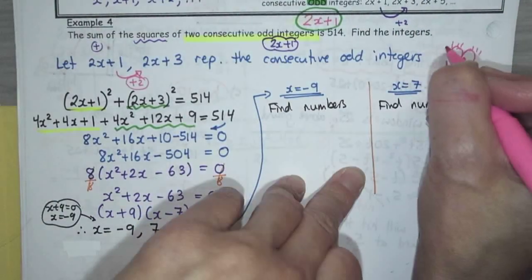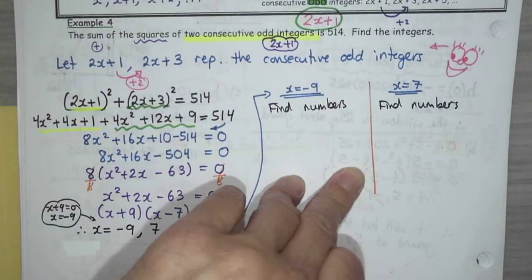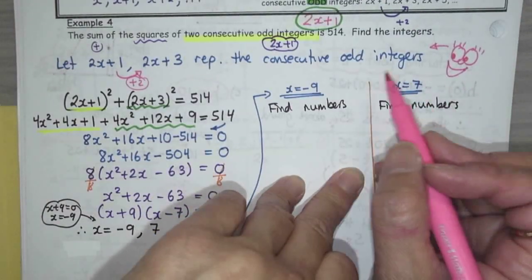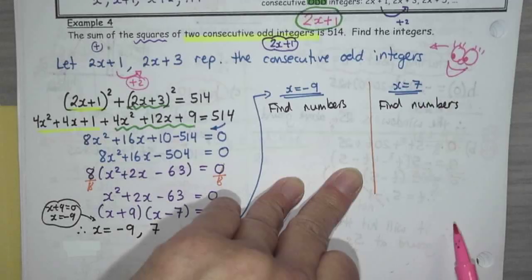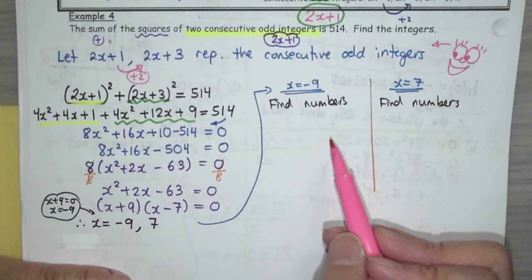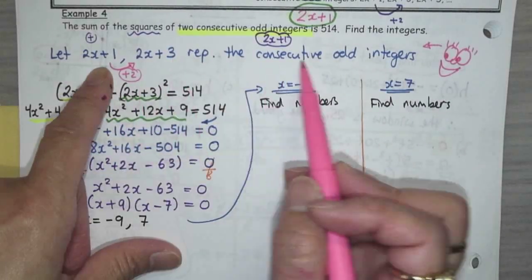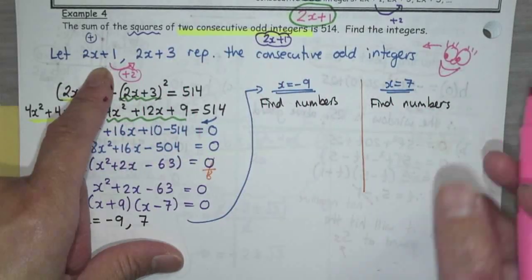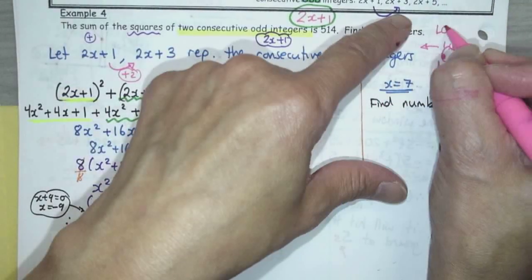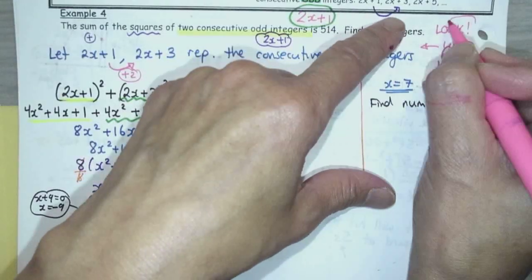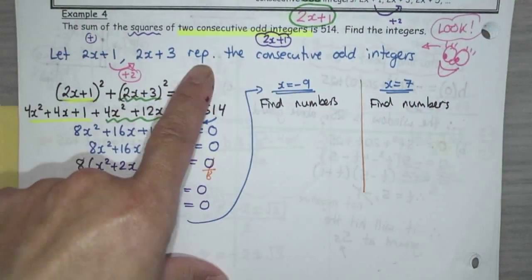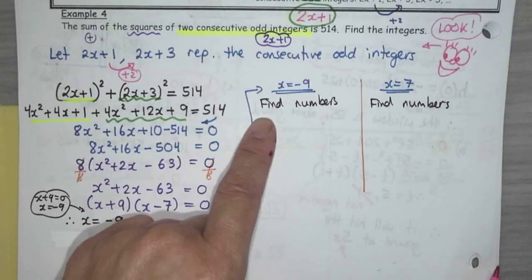Look at your sentence. I'm doing that just so you remember, what was that silly thing she did? Look at your sentence. Sometimes you say the numbers are negative 9 and 7. No, they're not. You said these are my consecutive odd numbers. Look at what you wrote. So I need you to go back and find these.